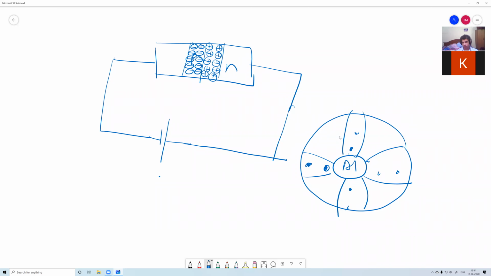And the most important feature is that the width of this charged region is strongly dependent on the bias voltage. If I increase the reverse bias voltage, the width increases. If we decrease the reverse bias voltage, the width decreases.